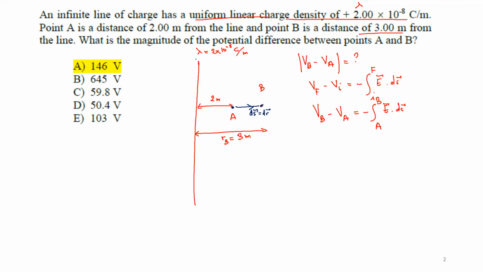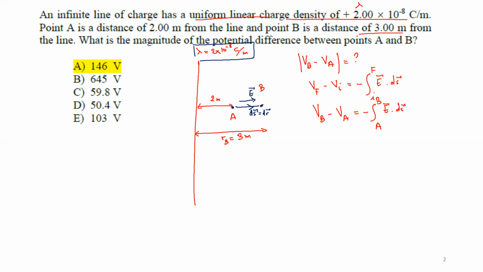Now let's assume that, of course, here it's positively charged. I can choose negatively charged also. That's why I'm asking you for the absolute value. Whether it's positively or negatively charged with this linear charge density, it doesn't really matter if I take the absolute value. If it's positively charged, the electric field is pointing away.